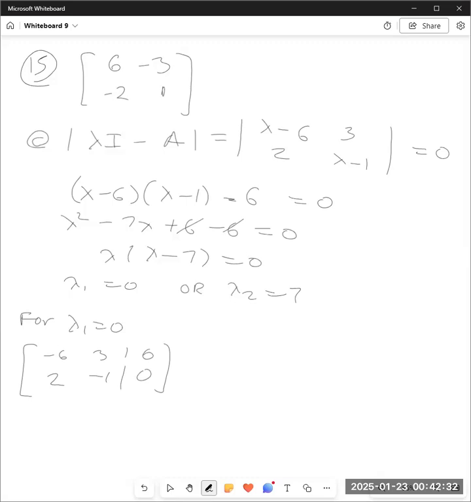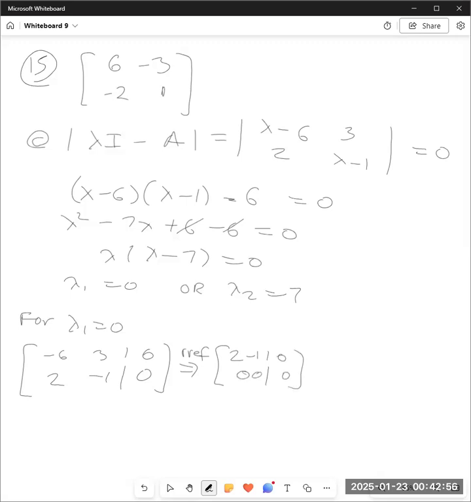This is always going to give me a row of zeros, that at least one of the rows will be a constant multiple of the other row. So when I RREF this, I'm going to get 2, negative 1, 0, 0, 0, 0.